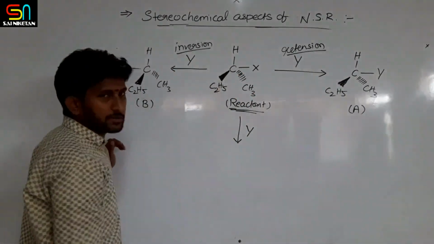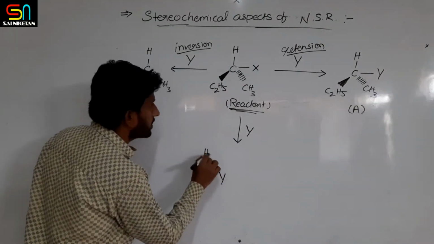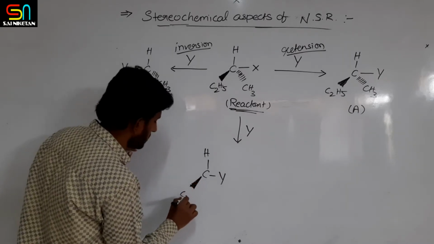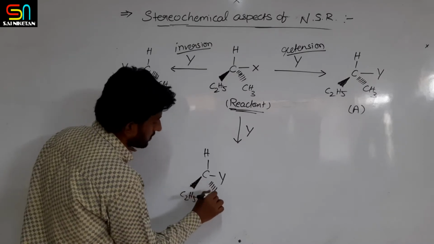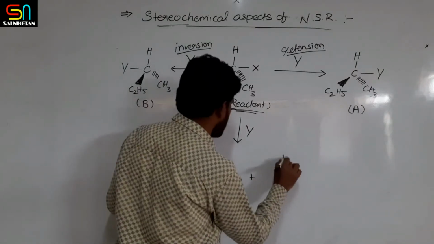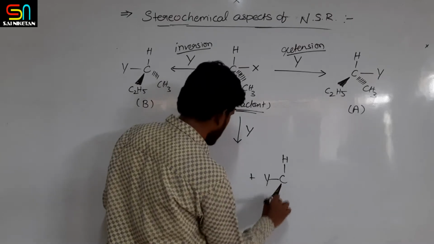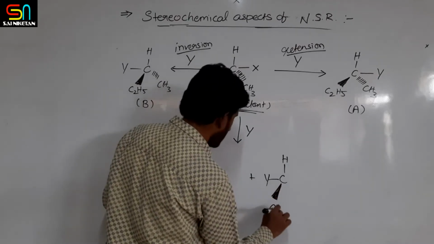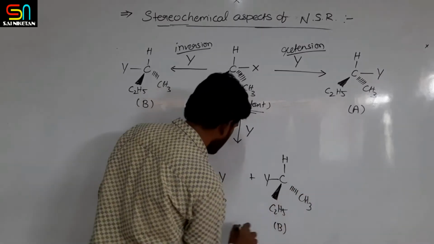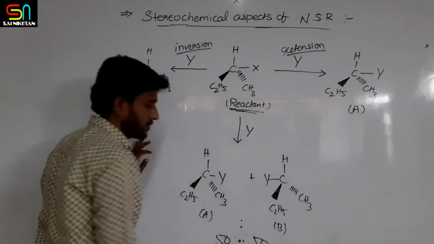So due to formation of the carbocation, let us assume, you will get the A product also, and you will get the B product also, and both of them you are getting in equal ratio, that is 50% A and 50% B, 1:1 ratio, or 50:50 ratio.